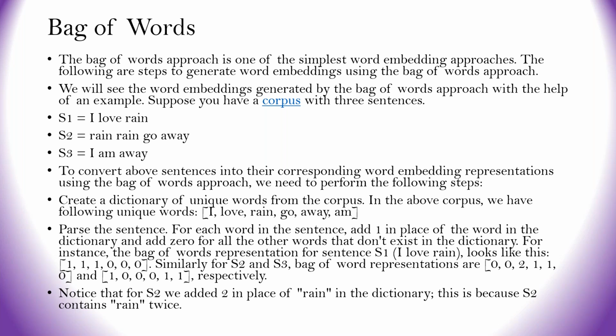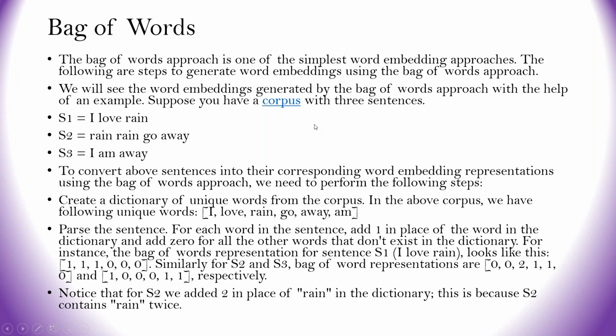Then it is going to represent them in the form of matrix values. After which we can do the next level of processing with the use of these matrix values. So bag of words is one simple method for embedding words into numerical format.